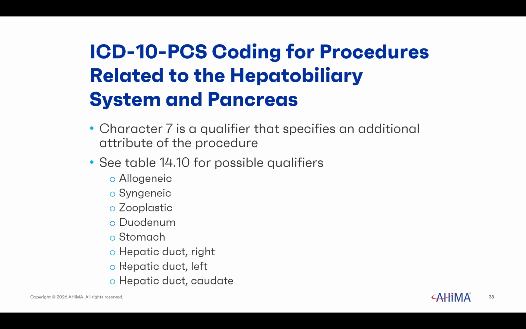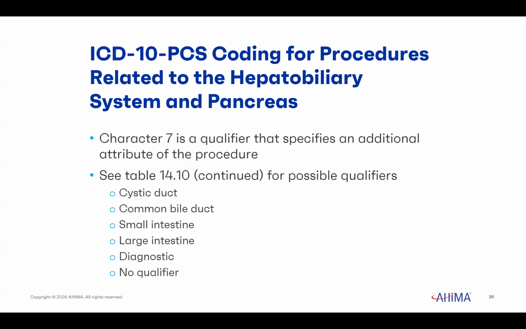You always want to verify the documentation for the diagnostic intent or directional routing before assigning a qualifier. Now we have the seventh character. We almost have an entire code, right? And this would say these additional attributes, whether it's a cystic duct, common bile duct, etc.